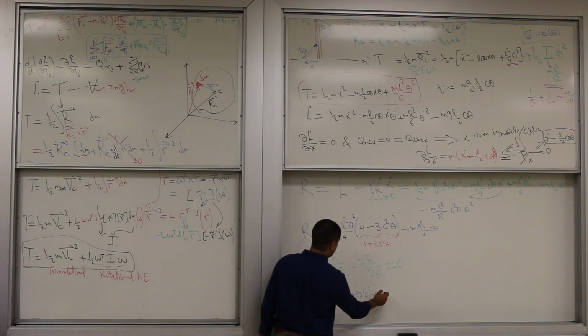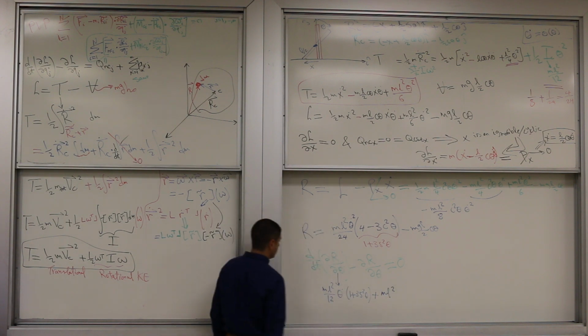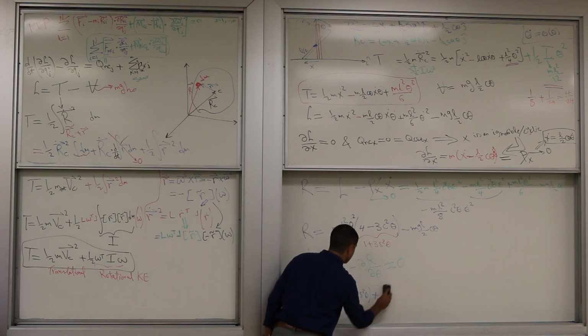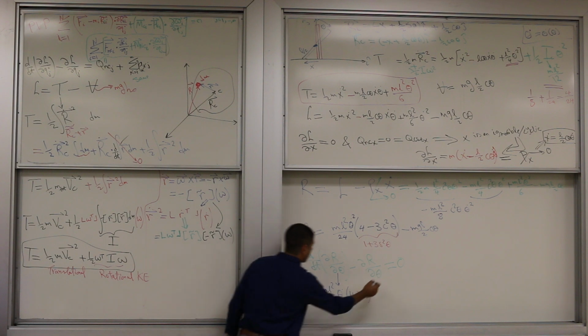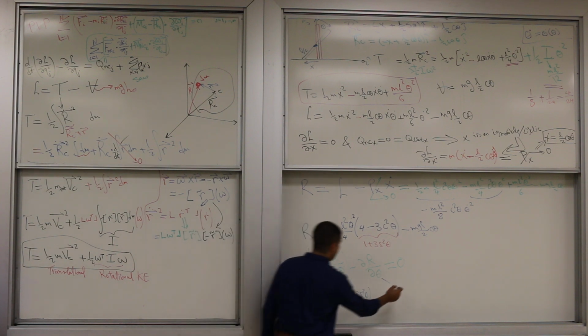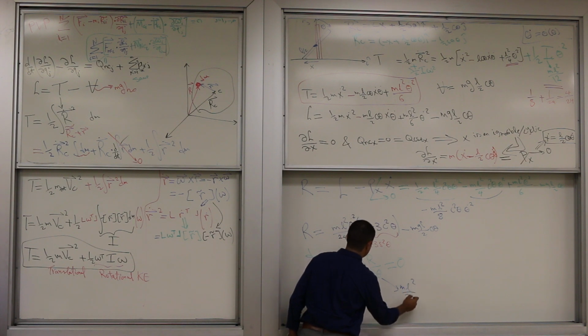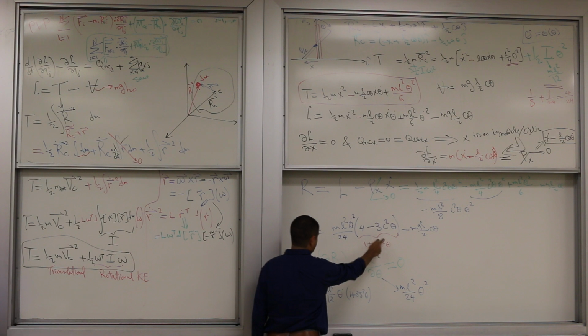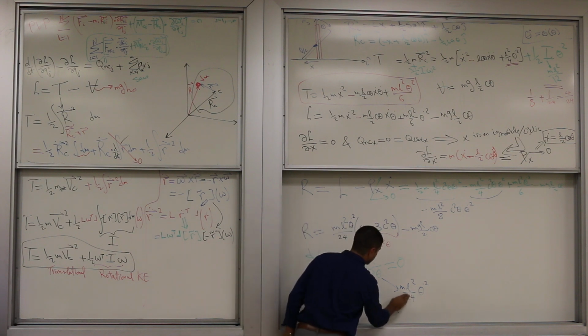This guy we need to differentiate with respect to theta. So I have m L squared over 24 theta dot squared. You have 3 and 2, 6. So this is 4.